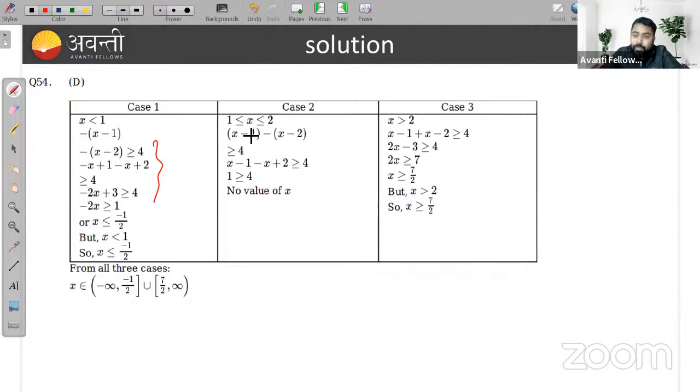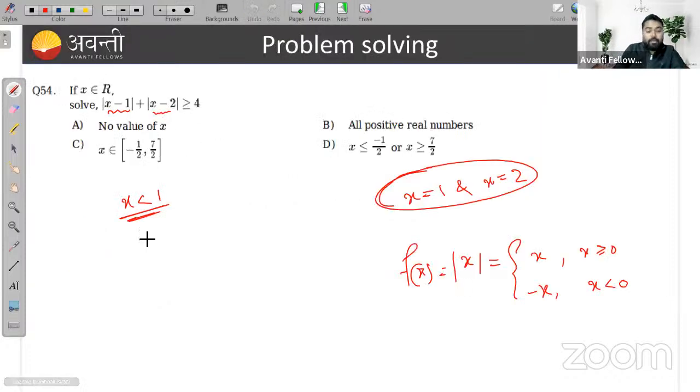When x is greater than or equal to 1, x minus 1 will open with a positive sign, that is x minus 1. But when x is less than or equal to 2, it will open with a negative sign, that is minus of x minus 2 is greater than or equal to 4.